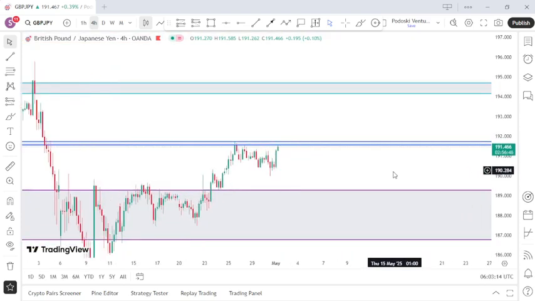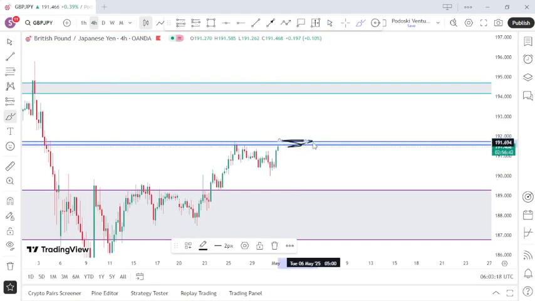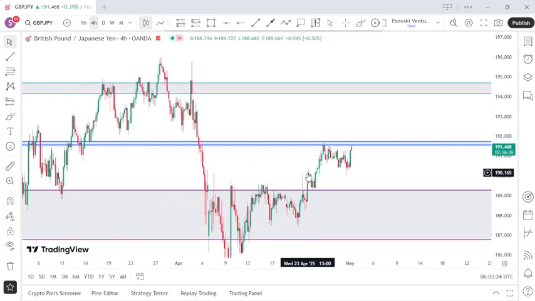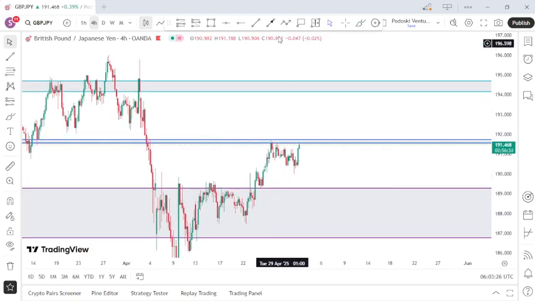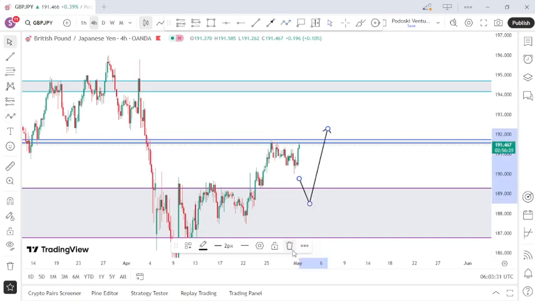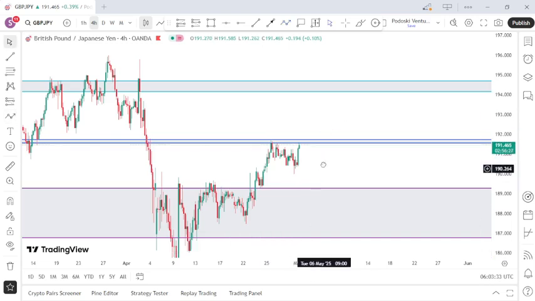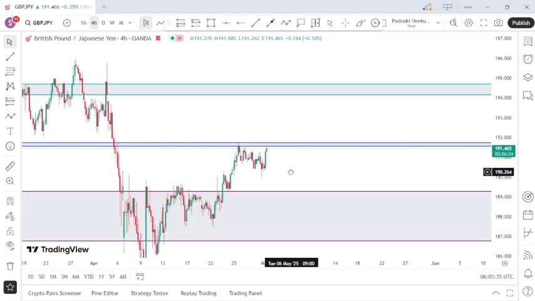On the 4 hour, I have my 4 hour upper zone right here and my 4 hour midway zone. If you watched the previous analysis, we did something on GBPJPY and we were waiting for price to come into the zone before we buy. But since price is failing to come, that's not a problem.